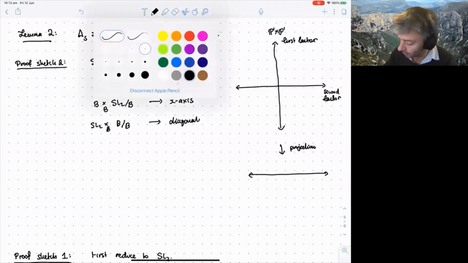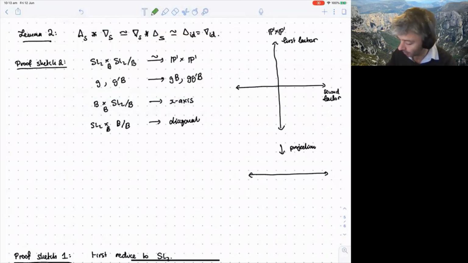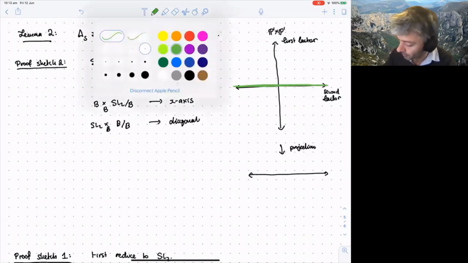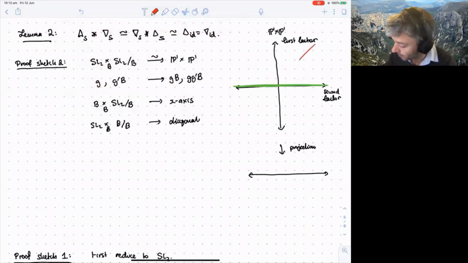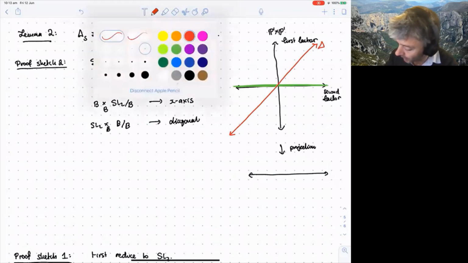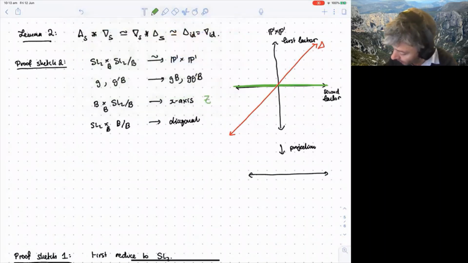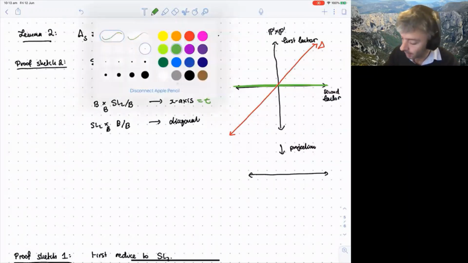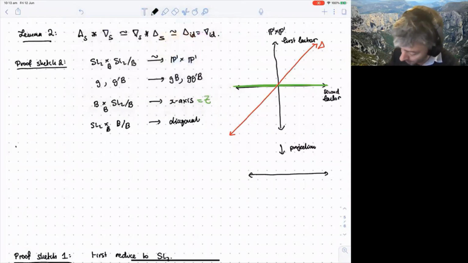And I'm going to suggestively, following Carrie's comment, denote this by green and this by red. So this is the diagonal, and this green axis I want to call Z.